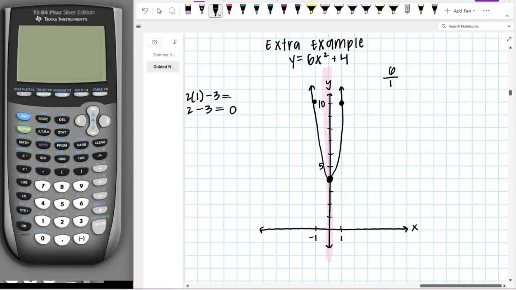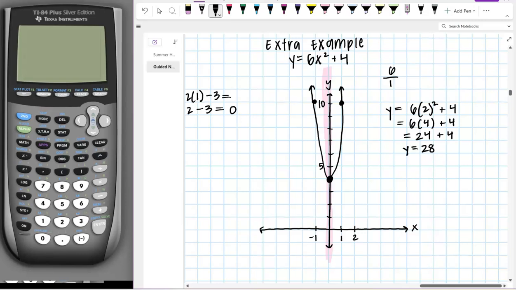If we needed any extra coordinates for this, we could go ahead and plug in a 2 for our x. It's going to be off this graph because I know 2 squared is 4. And then 4 times 6 is 24, plus 4 is going to be 28.